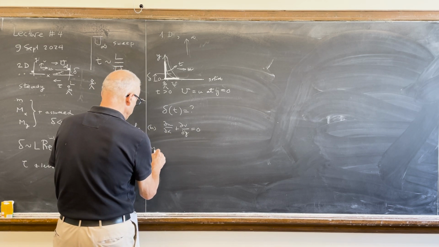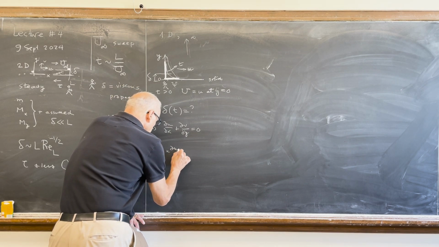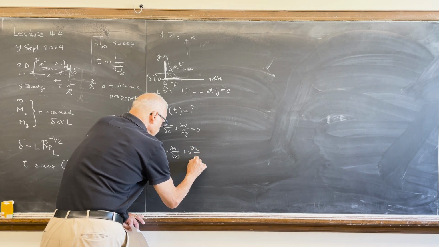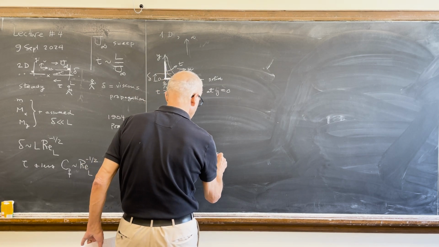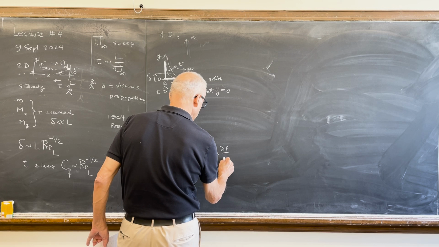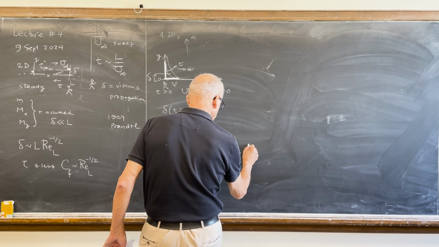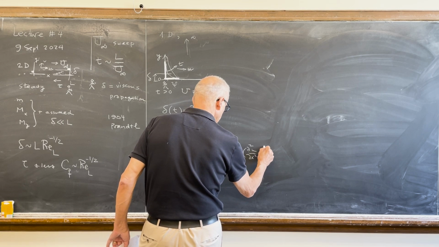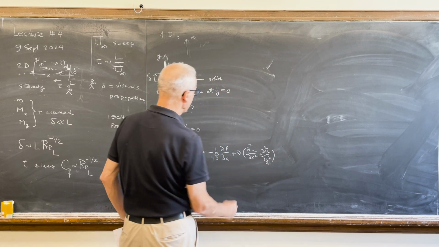And for momentum, we get u du/dx plus v du/dy equals minus 1 over rho dp/dx plus nu times (d2u/dx2 plus d2u/dy2).